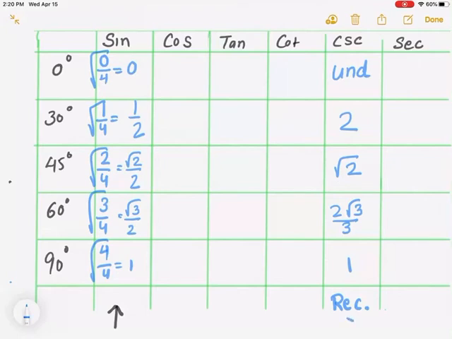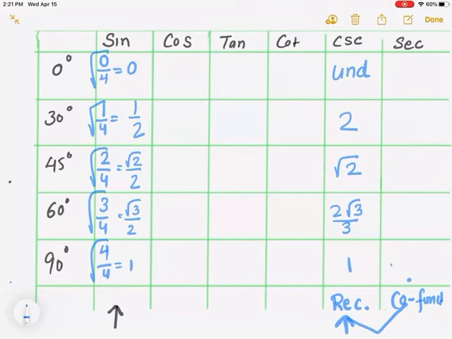cosecant and secant are co-functions. You really have to understand the co-function identity. So cosecant of 0 degrees would be equal to secant of 90 degrees. Let me put in the co-functions. Basically, you take this whole column, and the top one goes all the way down here.